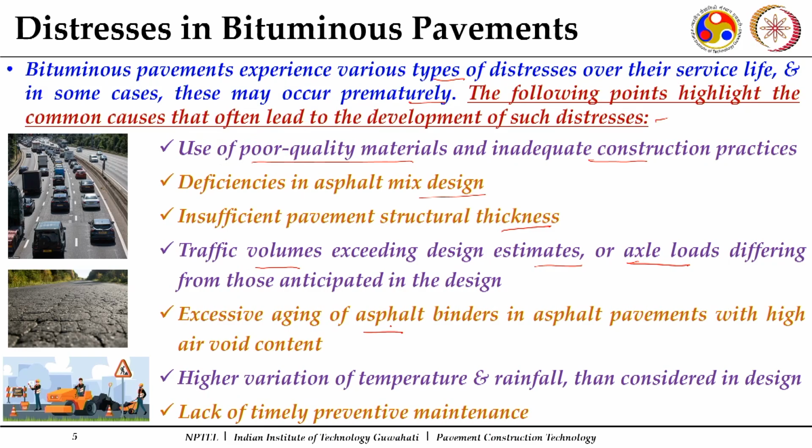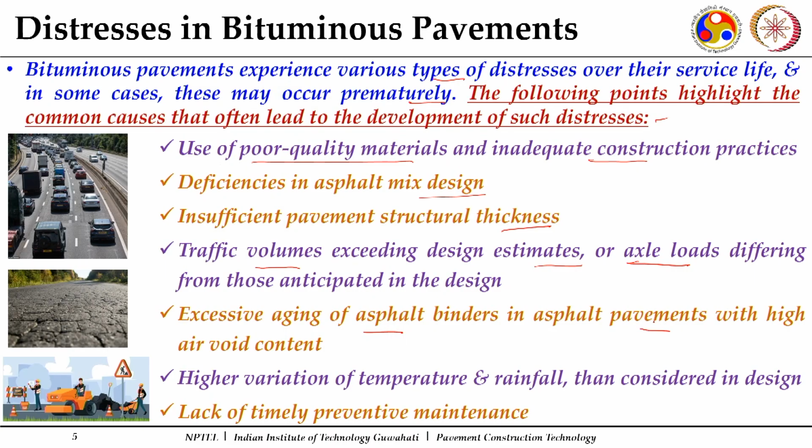Excessive aging of asphalt binders: certain binders are more prone to aging, but you may have ensured against that through the required binder specifications. Then also during construction, if these asphalt pavements are constructed with a high amount of air void content, as we see, when we construct a bituminous mat, we usually target for a dense graded one 6 to 8% of air void content, which is then expected to come down to the range of 3 to 5% after the initial years of traffic, that is secondary compaction in 2 to 3 years of life.